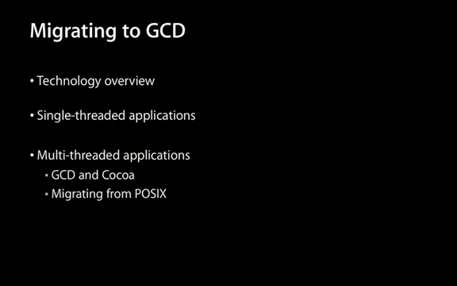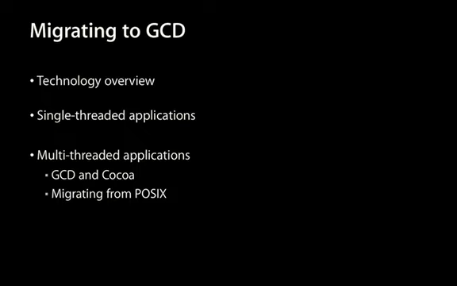So to start out, we'll do a quick technology overview, very briefly recapping some of the things that we covered in this morning's session and yesterday in case you missed it. But we're not going to go into very much of that, so hopefully you'll have a chance to catch those on video if you haven't seen them. And then we're going to discuss what it takes to take a single-threaded application, which many of you may have, and adopt GCD, potentially getting some concurrency, some asynchronous behavior, leading to a more responsive user interface at all times.